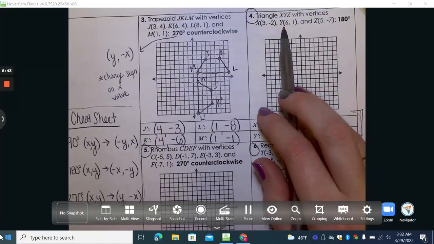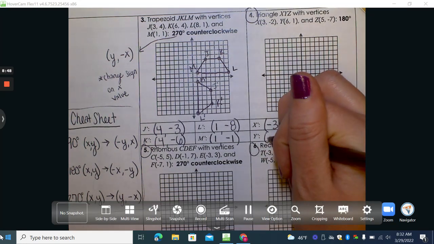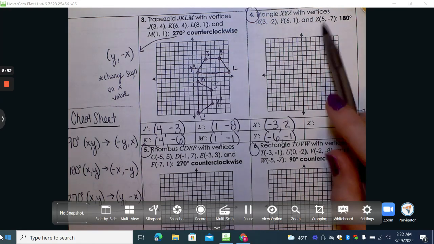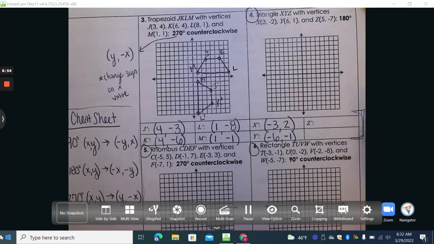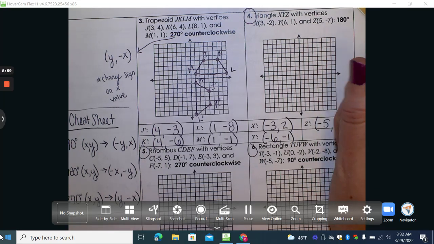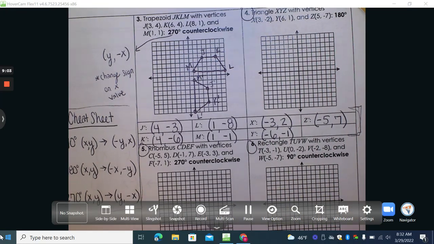If my Y is 6, 1, I'm going to change both those signs and it's going to become -6, -1. If my Z is 5, -7, my Z prime is -5, +7 as my final answers there.